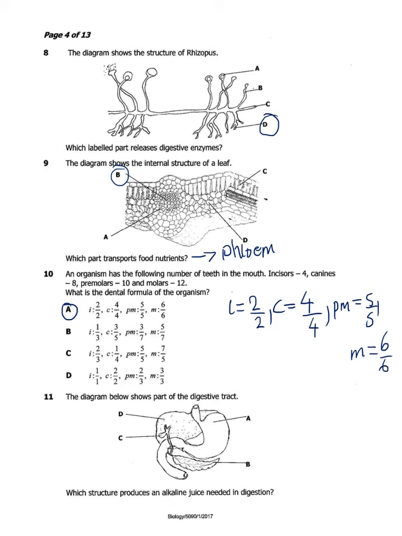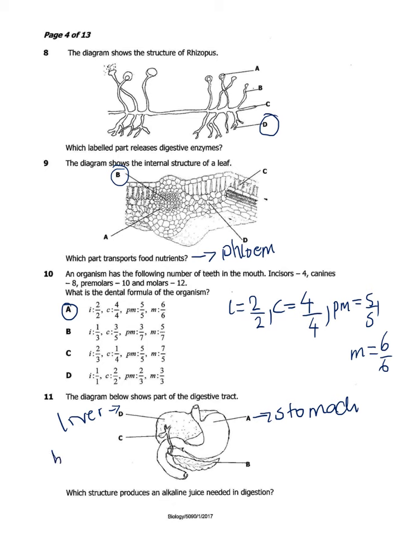Now the diagram shows part of the digestive tract. Which structure produces an alkaline juice needed in digestion? So A is the stomach. The stomach is an acidic medium. Our D is the liver. Liver produces the bile salt that helps in emulsification.